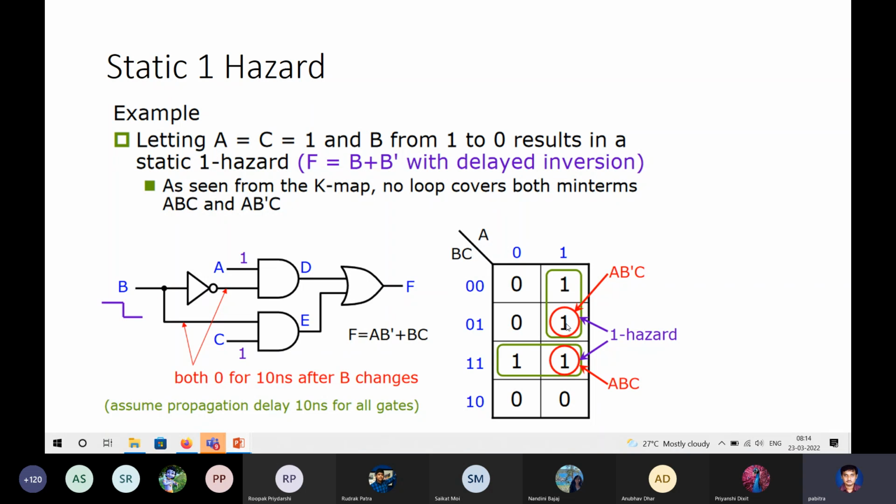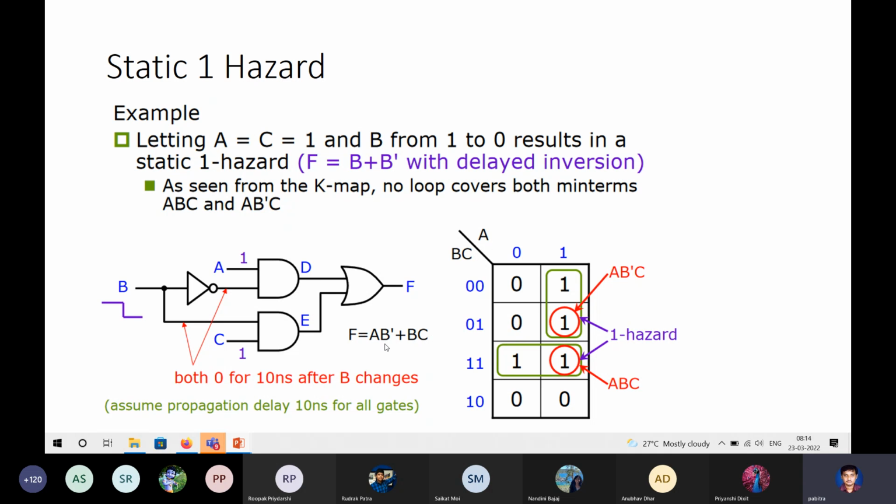You see whether both the start and end of the transition, both cells, are covered by the same cube or not. If they are covered by the same cube, that will not lead to a glitch. Not covered by the same cube means what? Before the transition, let's say AB prime was 1.